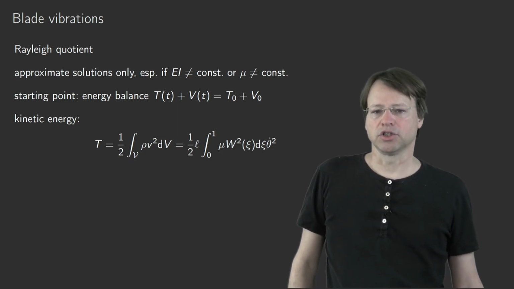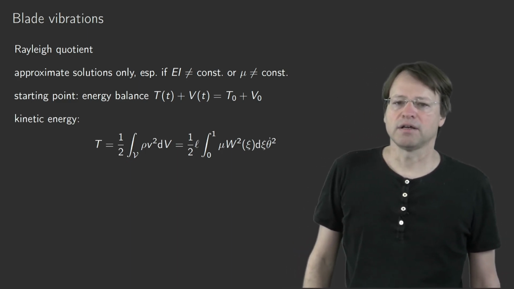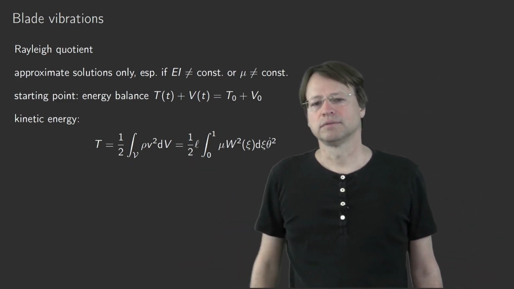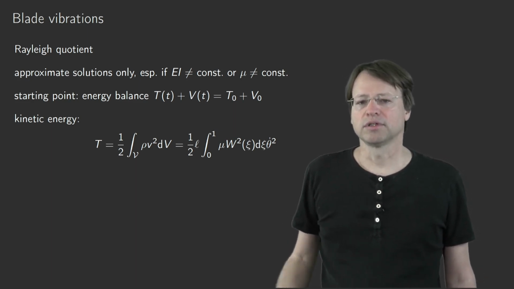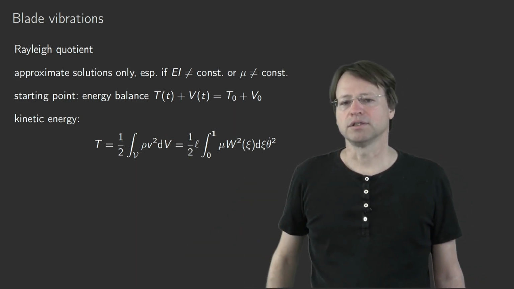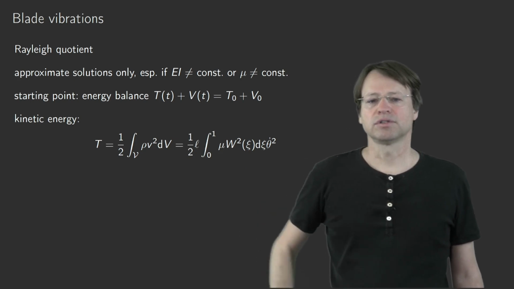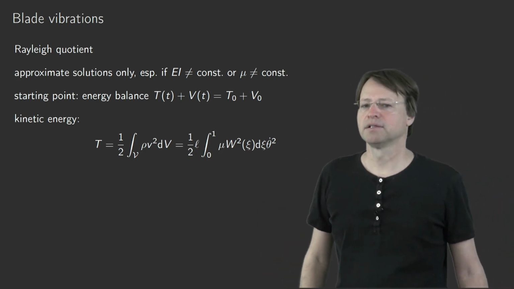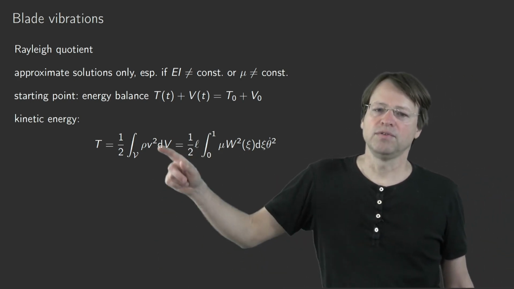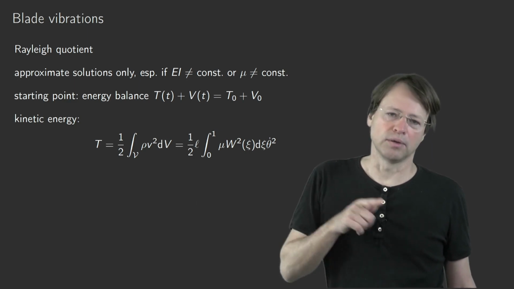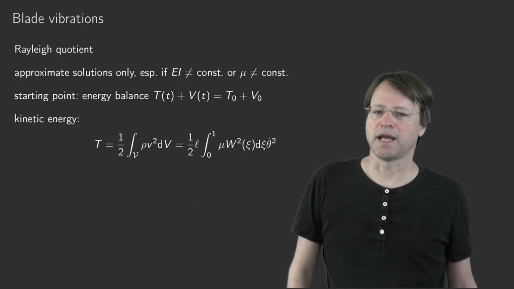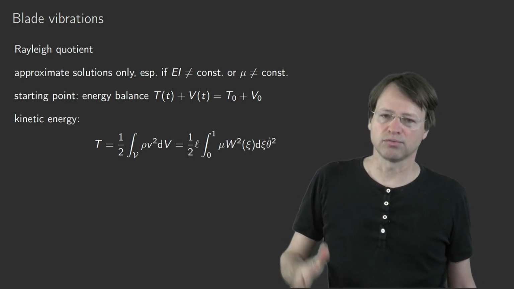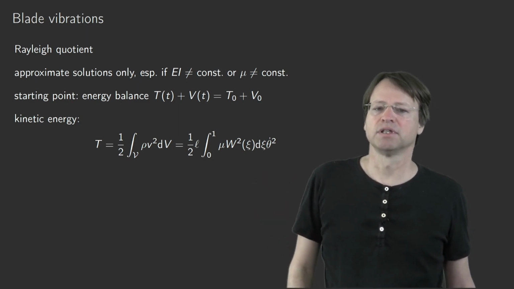For the kinetic energy, we have half the volume integral of the mass density ρ times the velocity field squared dV. V would be a vector quantity.